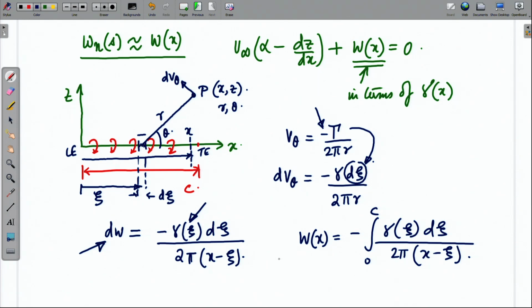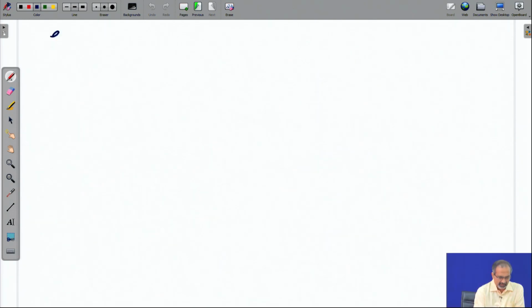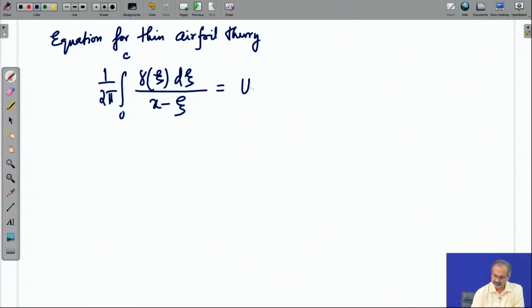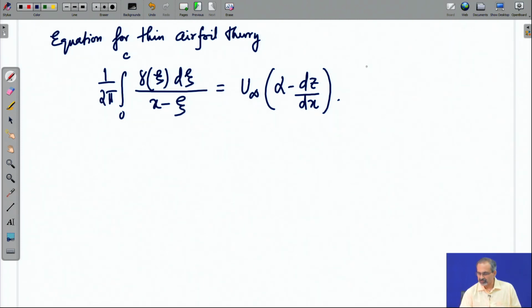So, once we have that, we have the final equation for thin airfoil theory, which is this, and this is precisely the equation which ensures that the camber line is a streamline of the flow.